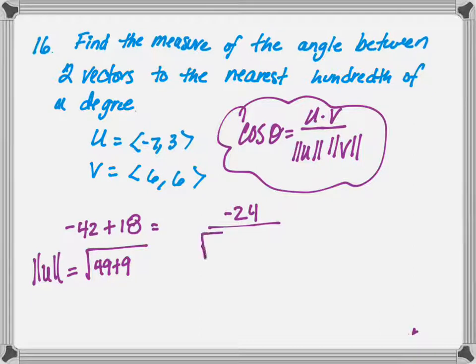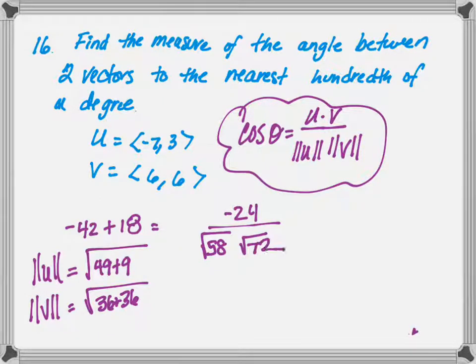And then the magnitude of v is equal to the square root of 36 plus 36, which is 72, so the square root of 72.